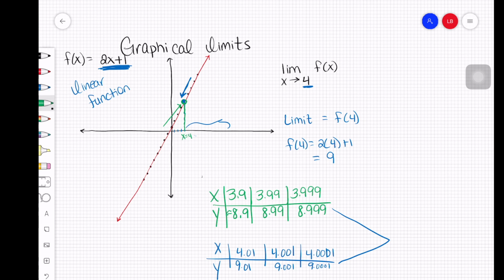If I were to continue from my left and continue from my right, where would those patterns meet? And in this case, my patterns would meet at the number 9. That is where they would intersect. So I can say in this case that the limit as x approaches 4 of f of x is equal to 9.